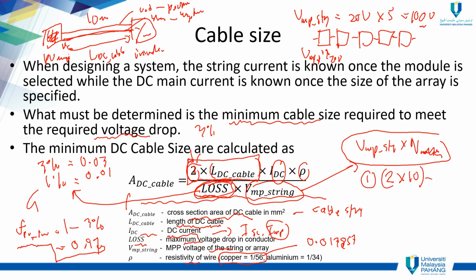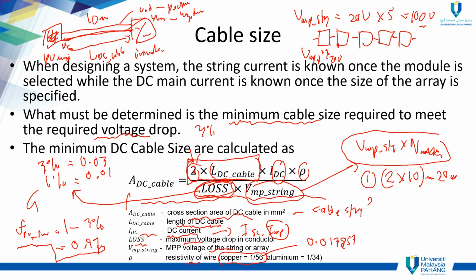In other words, total cable is 20 meters. Total cable used for this system is 20 meters, not only 10 meters, because we have positive cable and negative cable. That type of question, when they say the distance between the PV array and the inverter is 10 meters, means you need to use 2 multiplied with 10. So this is the first case.